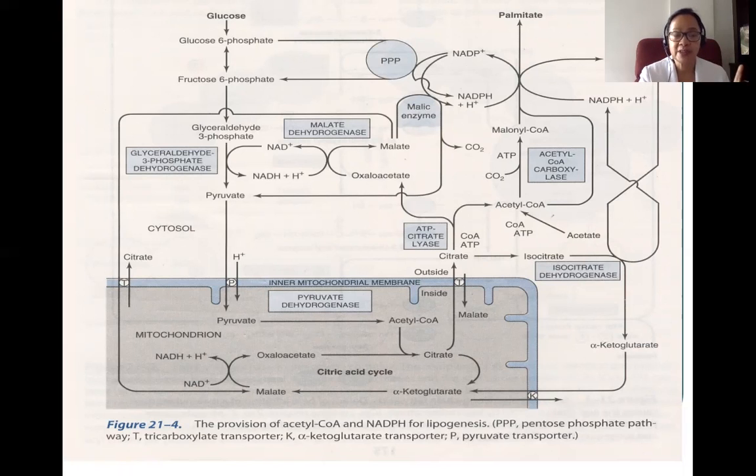But what's the problem now is that your fatty acid synthesis is located in the cytoplasm, but your acetyl coenzyme A is inside the mitochondria. So it needs to move out from the mitochondrial membrane.